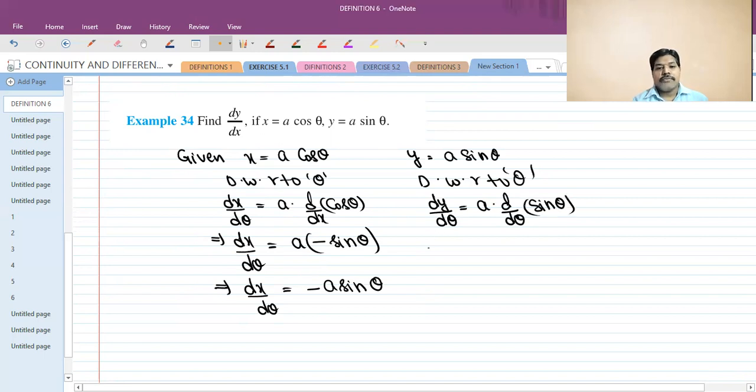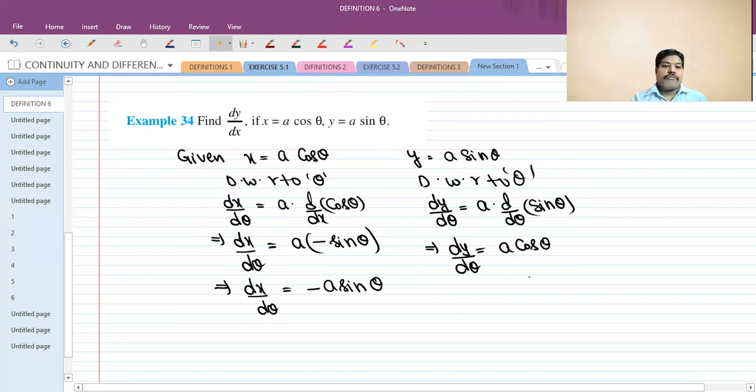So dy by d theta is equal to a into the derivative of sine, which is nothing but cos theta.